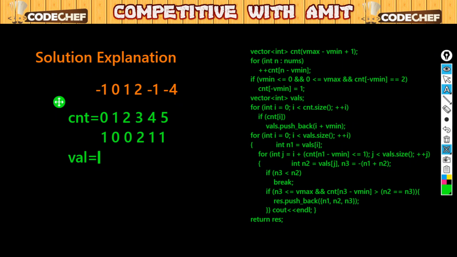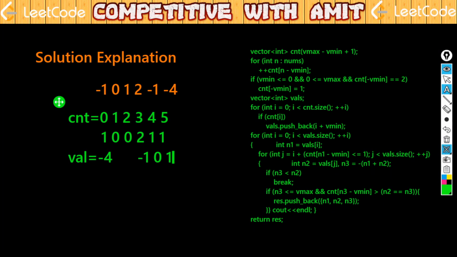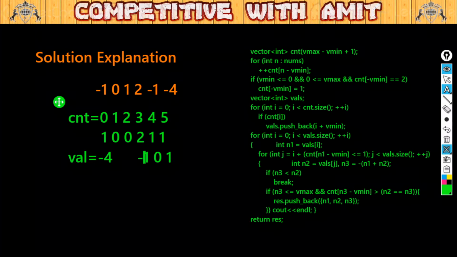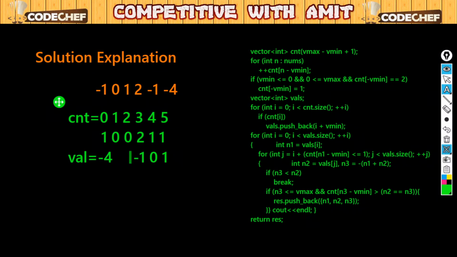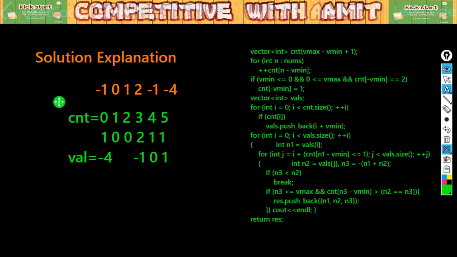So here it will be -4, and these values will be skipped. -1 will be there, 0 will be there, and 1 will be there. You must know why I am taking this as empty: there must not be any element which is -3 or -2, so we will consider this as empty.